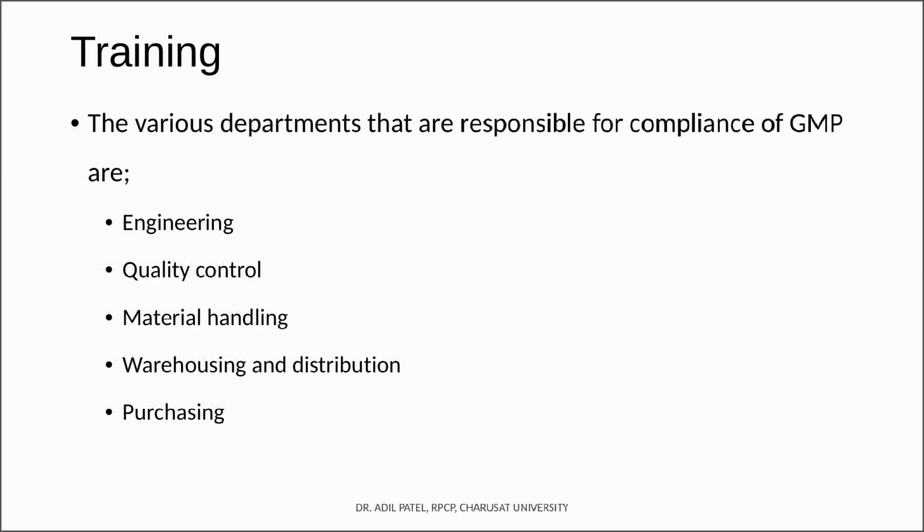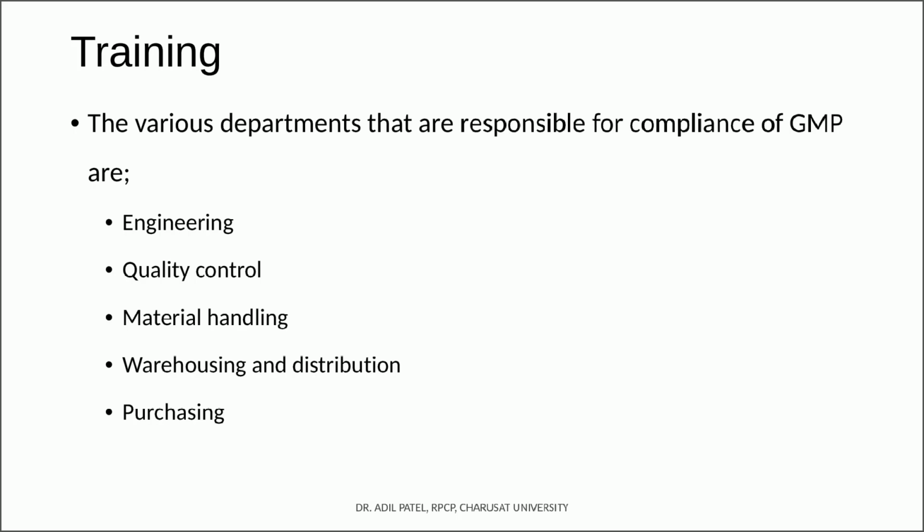Next is training. After employing people, if you find that they are not doing their work properly, or there is a need to provide some extra training to them for making the product more successful or adding more quality to the product, then obviously you can go for the extra training. So what kind of training you are supposed to give them as per the GMP?